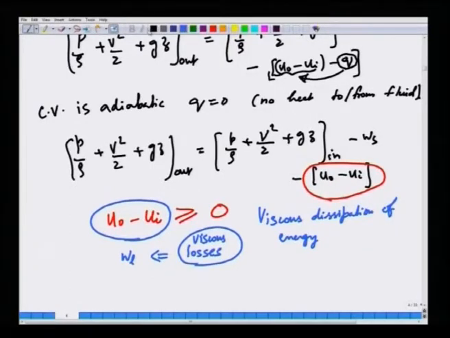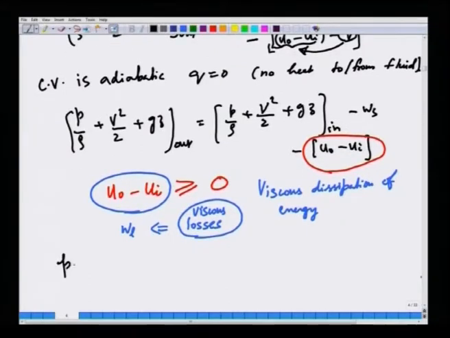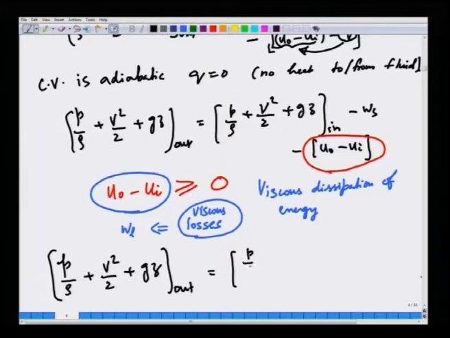So, in engineering fluid mechanics, for incompressible flows, with all the assumptions of steady uniform flow, one inlet, one outlet and incompressible fluids, the energy equation is normally written as P by rho plus V squared by 2 plus G z at outlet equals P by rho plus V squared by 2 plus G z at inlet minus W s. This is the shaft work done per unit mass of the fluid by the CV on the surroundings, minus W loss.